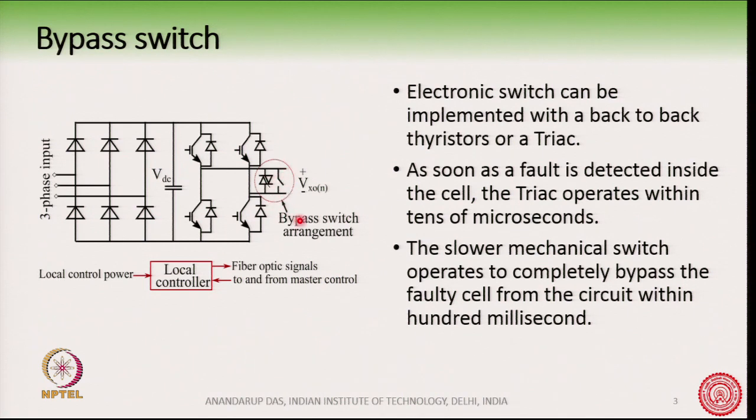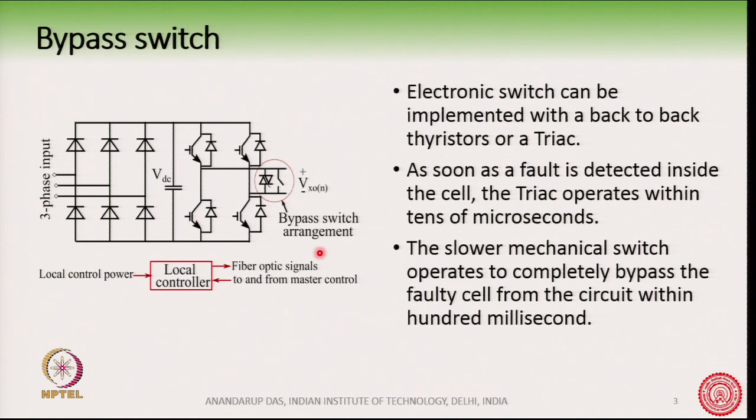bypass the whole circuit with a mechanical switch, typically a circuit breaker, which operates in less than 100 milliseconds, say 3 to 4 cycles, maybe 60 to 80 milliseconds it will take.